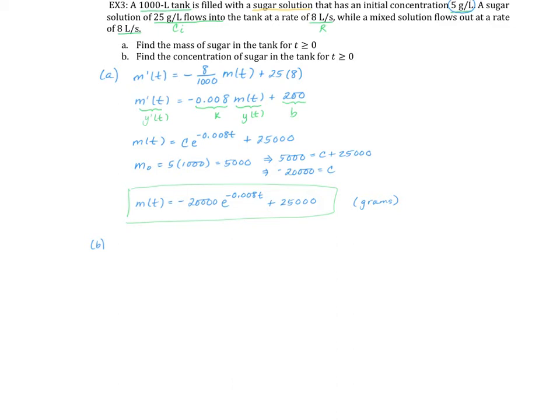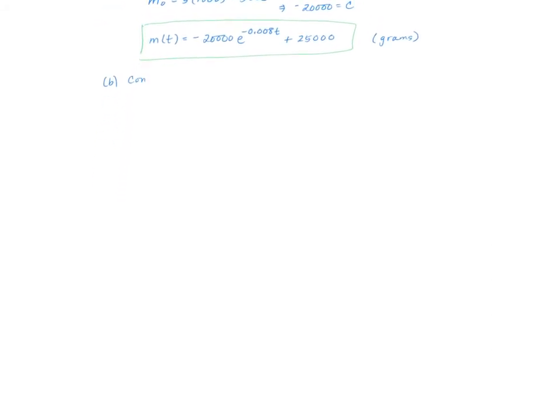But remember, if mass is concentration times volume, then the concentration is going to be equal to the mass divided by the volume. And again, I'm going to go ahead and call this function C for concentration.